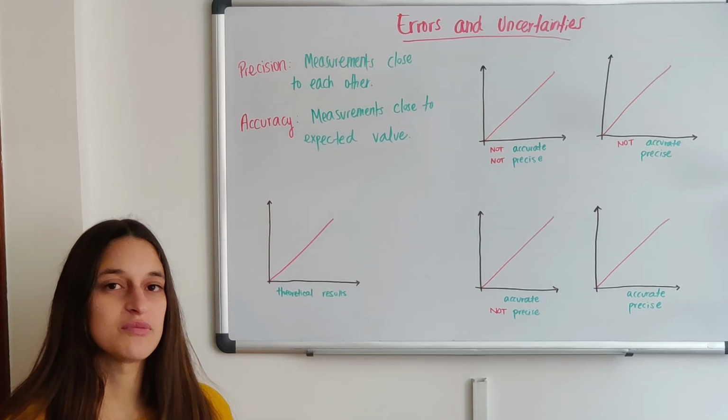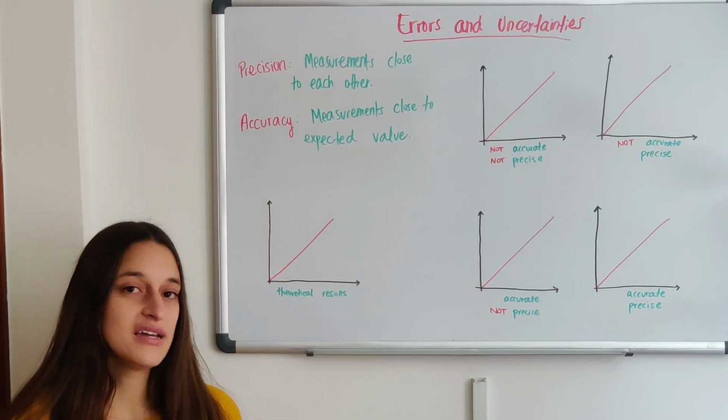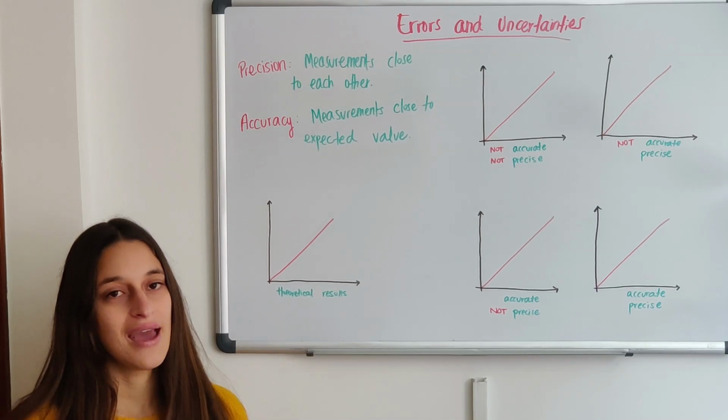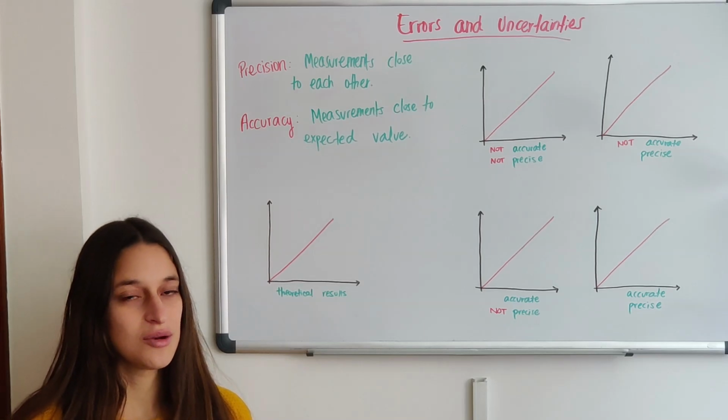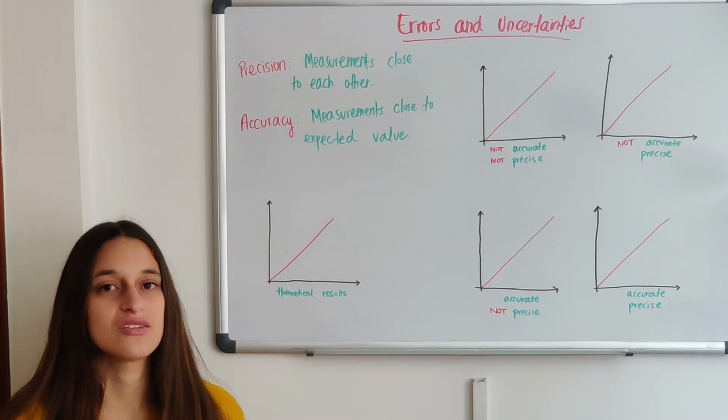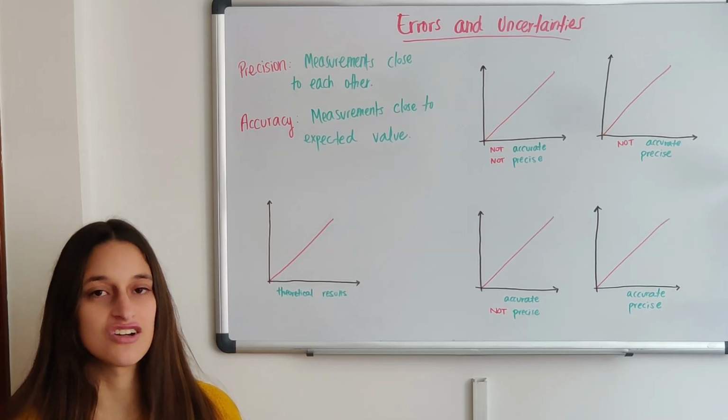So you can have experiments that are precise but inaccurate, accurate but not precise, or not accurate and not precise, or both accurate and precise. So let's see how that looks in a scientific context.